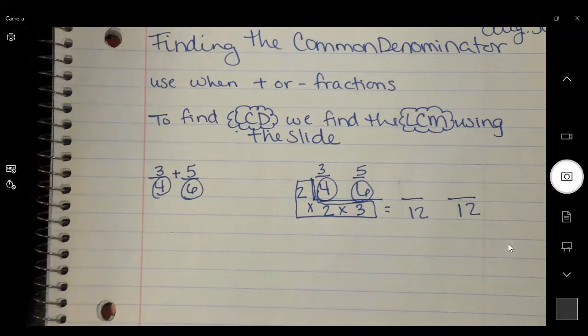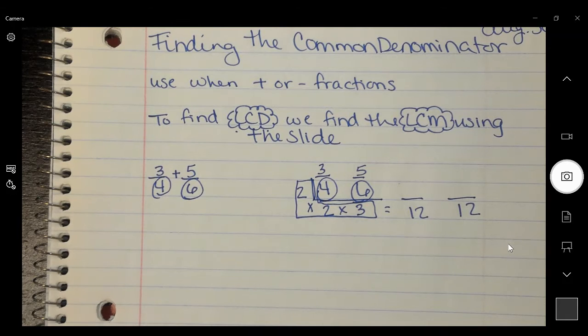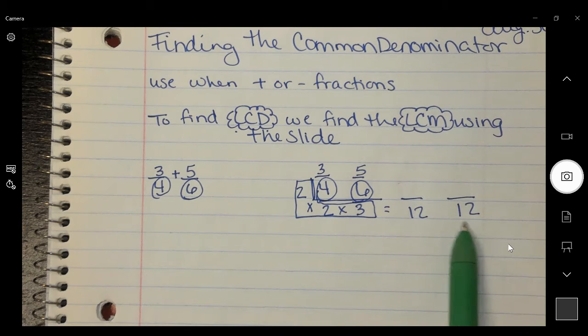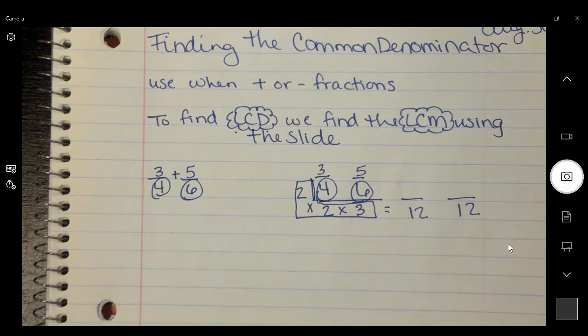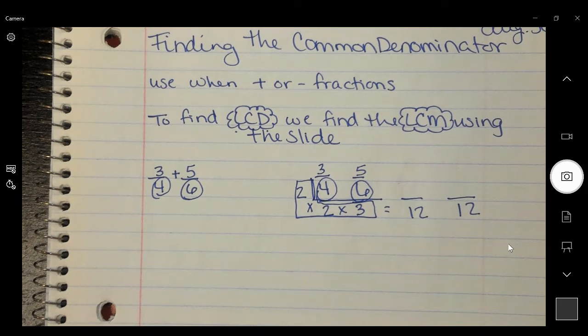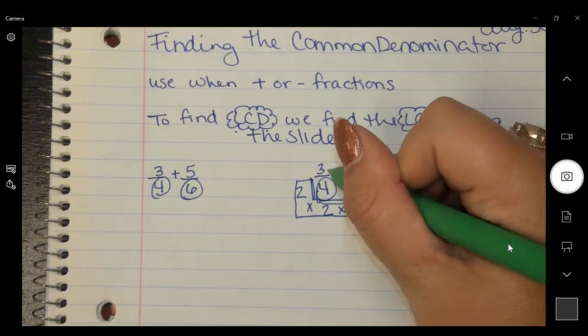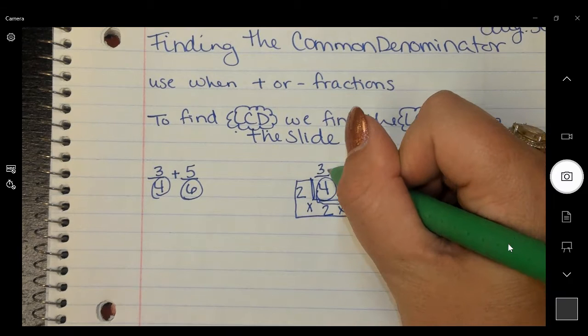So the question is, now what do I do about the numerators? Because with fractions, whatever I do to the top, I have to do to the bottom. Whatever I do to the bottom, I have to do to the top. We have to keep it balanced. Because we touched the denominators, we've got to do something to the numerators. So it's a magic trick. I'm going to take my numerator right here. We're basically going to cross multiply.